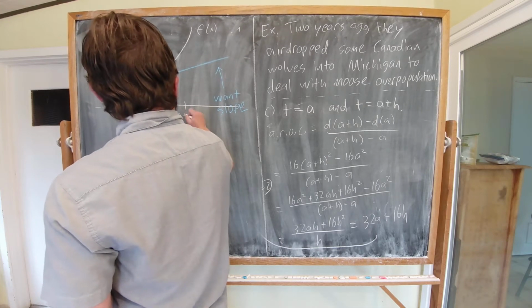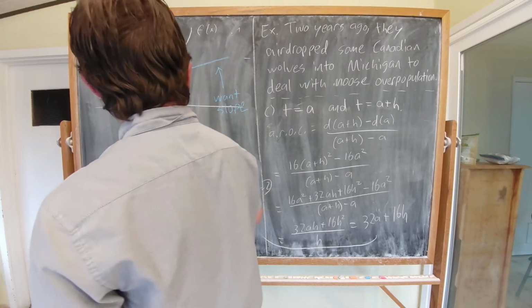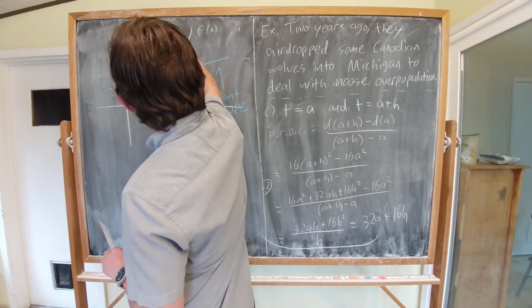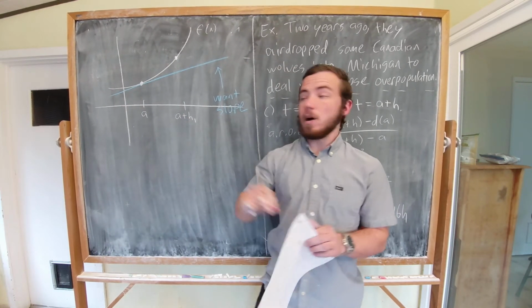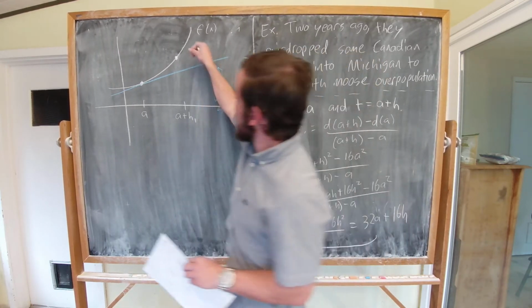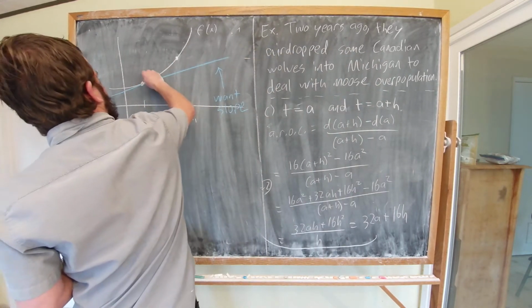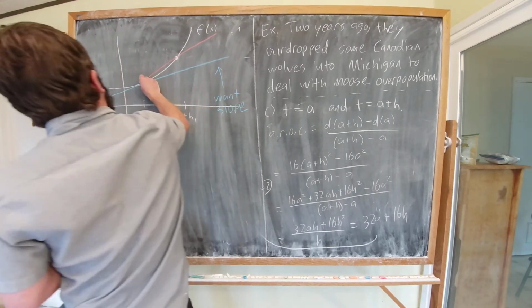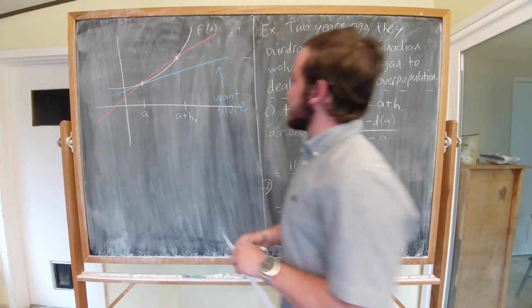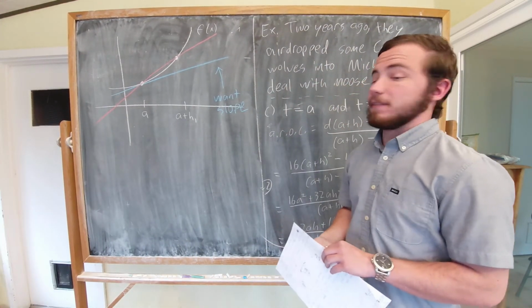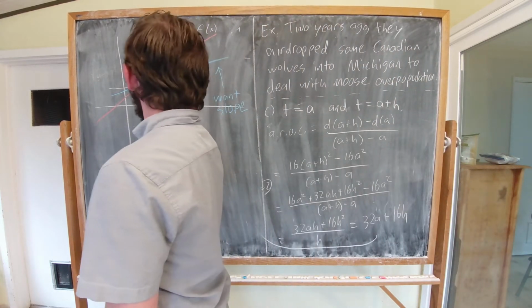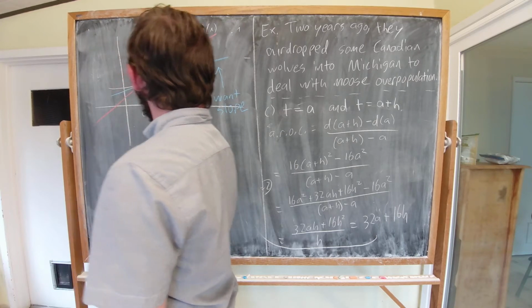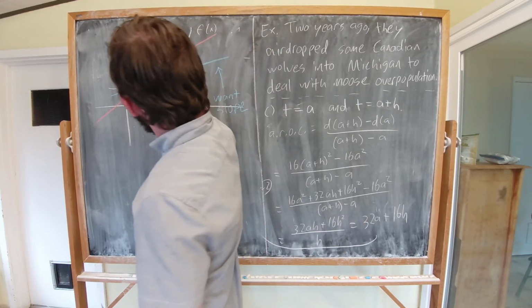Maybe this is a plus h1 right here. The average rate of change between a and a plus h1 would give us the slope of that red line. Okay, great, but still not what we want. What about a plus h2 in between there?